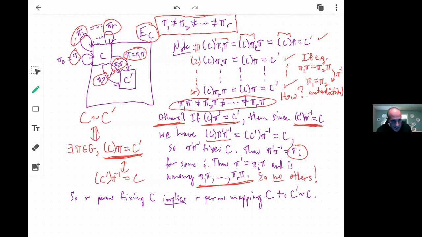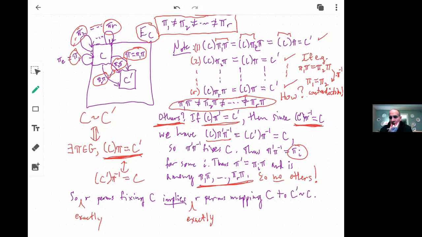So exactly r permutations fixing C implies that there are exactly r permutations mapping C to C prime, which is equivalent to C. That's interesting.